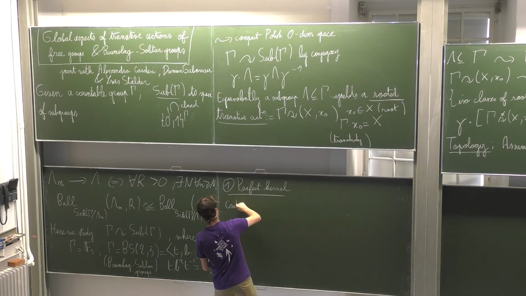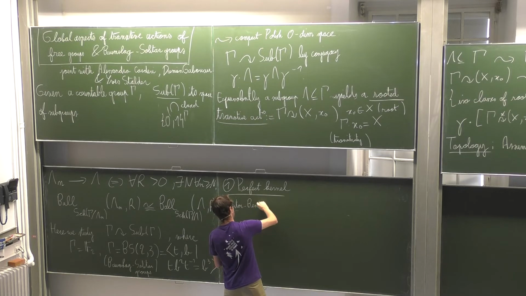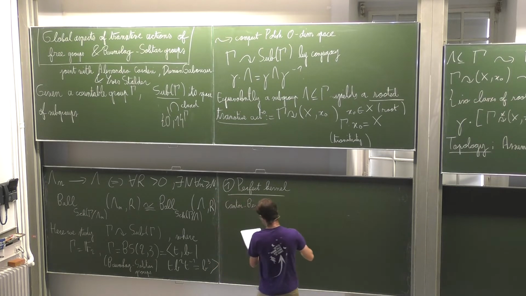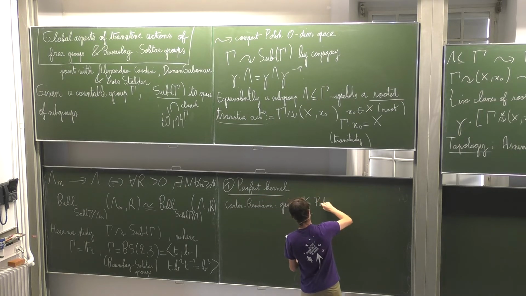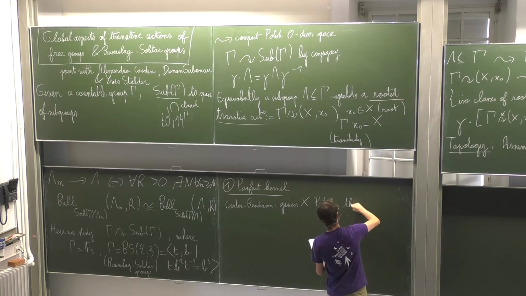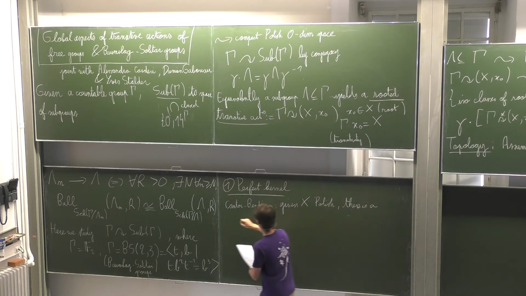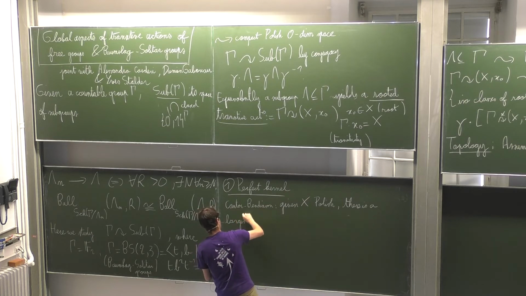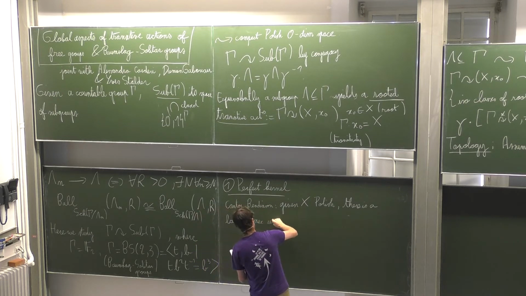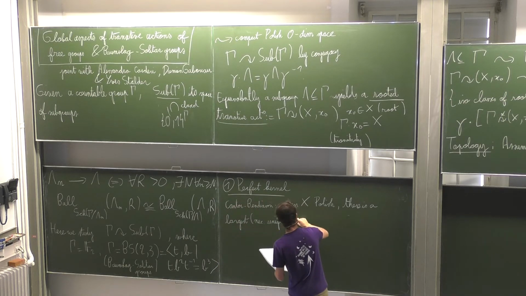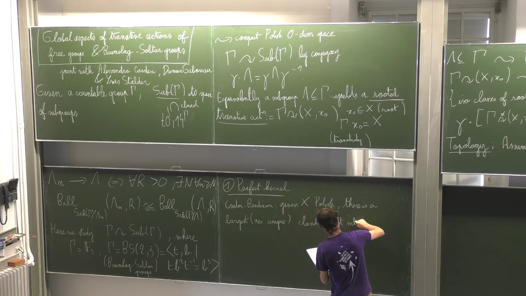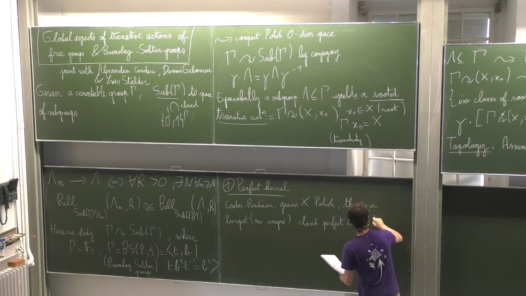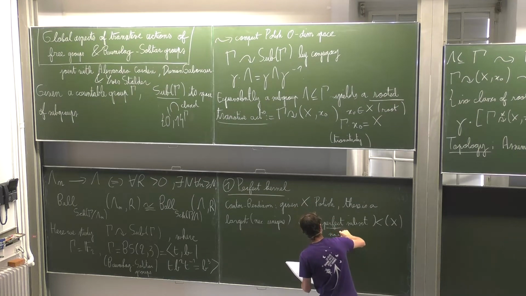Let me remind you of the Cantor-Bendixson theorem, which tells you that given a Polish space X, there is a largest, and then necessarily unique, closed perfect subset, which I will denote by K of X. And perfect means that you have no isolated points.